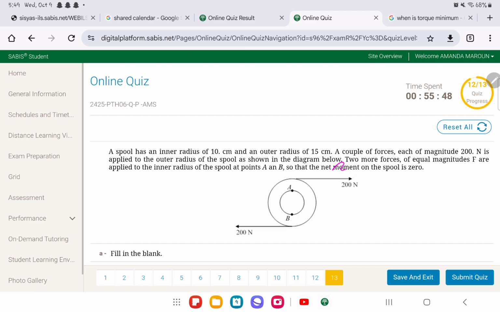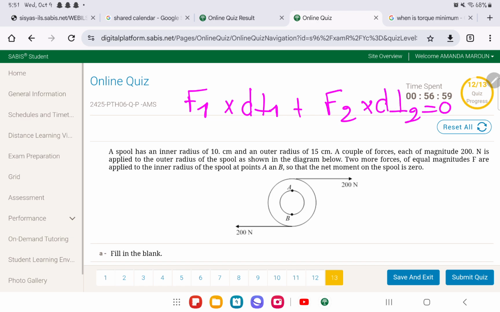We know that the net moment on the spool is 0. So our force 1 multiplied by perpendicular distance 1 plus our force 2 times the perpendicular distance 2 is equal to 0. This is the rule, what? That the net moment on the spool is 0.